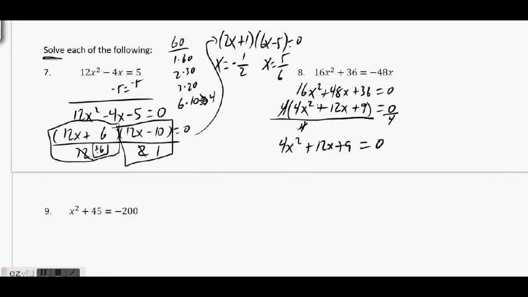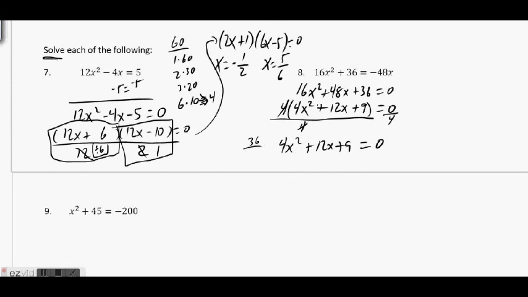Now, we look at this, and you have a choice. Are you going to factor, or are you going to use the quadratic formula? You have to make that choice. Well, 4 times 9 gives me 36.